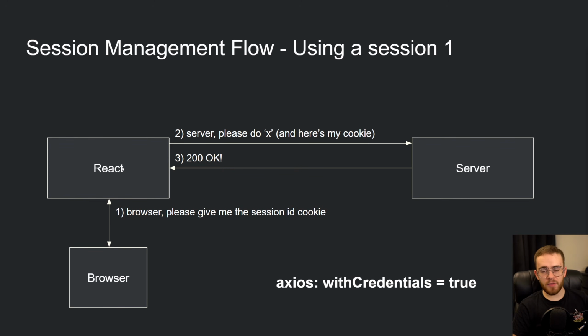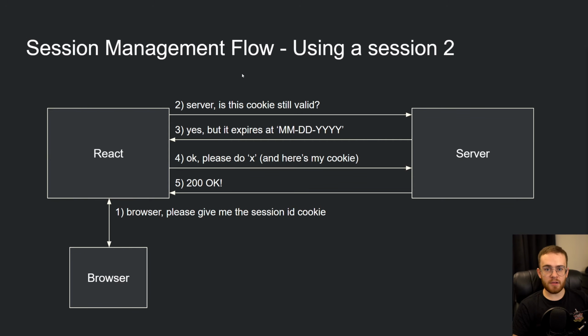Now, a problem with this is that you could potentially run into some issues, because cookies, generally speaking, have an expiration date, right? That's always a good thing to do from a security point of view. What you should prefer is a flow that looks somewhat like this. At initialization, React is going to send a request to the server, and it's pretty much going to ask, hey server, is this cookie ID still valid?